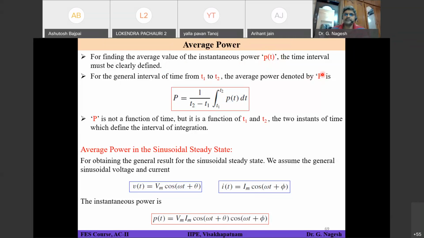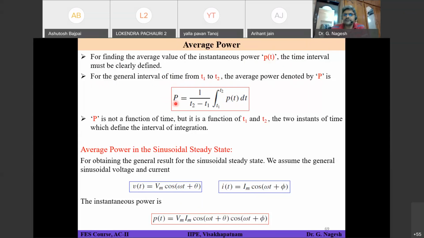So p of t is instantaneous power, and for the general interval of time t varying from t1 to t2, the average power denoted by P is given as this. That means you are just integrating your instantaneous power between two time limits. So P is equal to 1 by (t2 minus t1) times the integral from t1 to t2 of p of t with respect to dt.